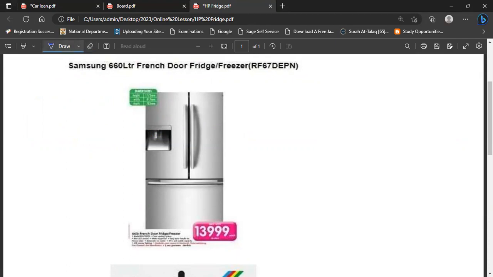What you have to know under hire purchase, one has to pay a deposit. Then after the deposit, what remains is the outstanding balance.